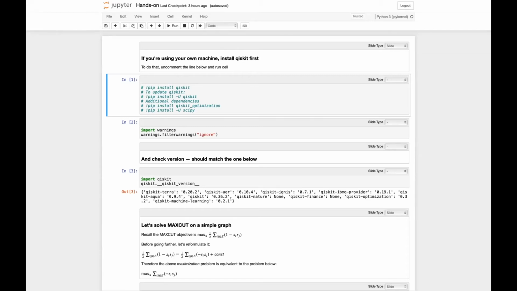In that case, you don't want to use the X mixer because it will mix together all probability amplitudes, and it will not guarantee that your output is going to be Hamming weight 8. So instead, you can use a mixer that's written as time evolution under XX plus YY, which if you write it out explicitly looks like a swap. It's almost like a parameterized swap where you're rotating between 01 and 10. So that's an example of a mixer that would preserve your Hamming weight.